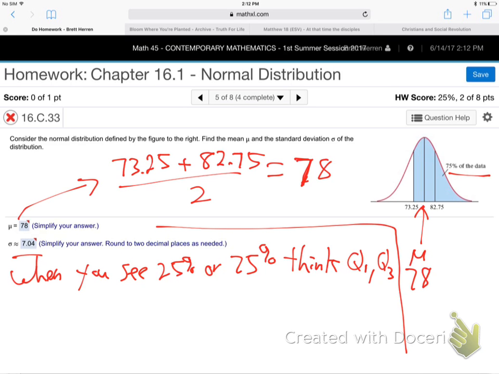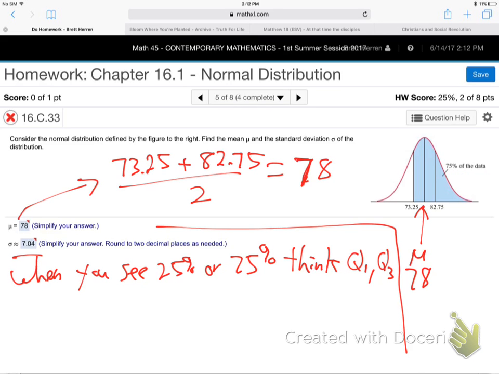So when you see that 75%, you need to think, oh, wait a minute, they're wanting me to do one of those. I just gave you a Q1 formula and a Q3 formula. I've got to use one of those. How do I know? Because they're saying 75%. Okay, so now let's be really clear on exactly what we're going to do. So that's the first thing that should kind of grab your attention.